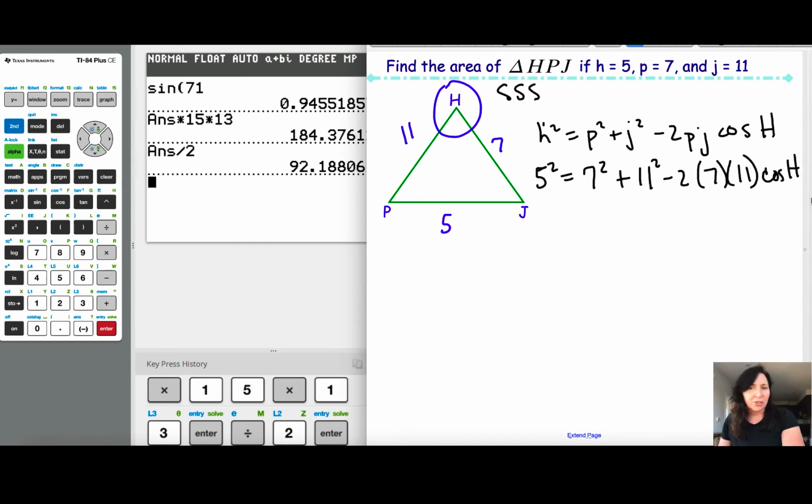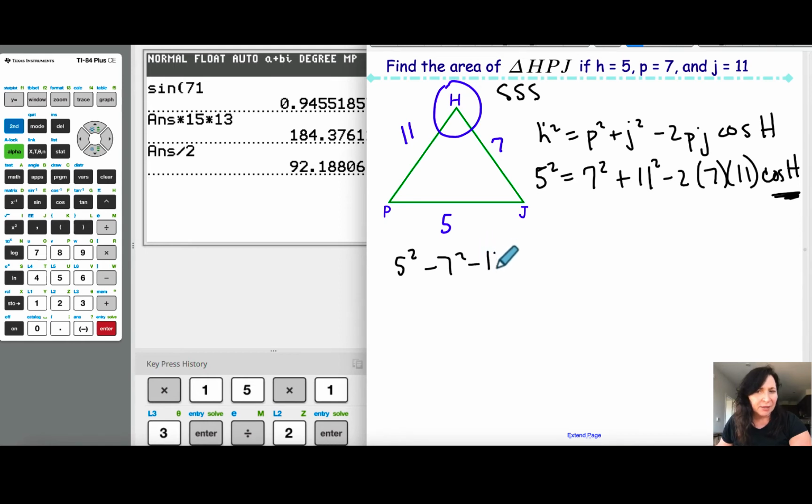I still don't have H. So in order to isolate the H, solve for that, I have to move everything over to the left side. So we're going to start off with 25, which is 5 squared. And so what I'm going to be doing is basically I'm taking 5 squared, I'm subtracting 7 squared, I'm subtracting 11 squared. And then what this is right here is 2 times 7 times 11.